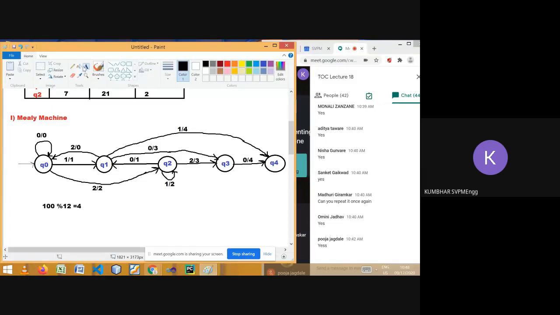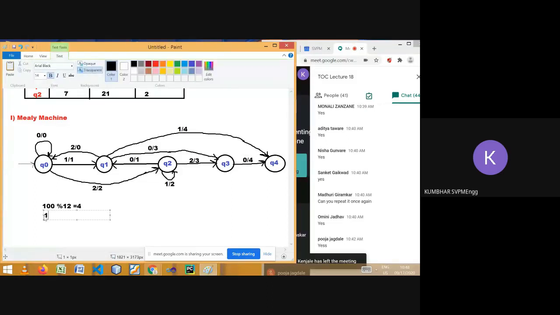Let's go for the next. Now Q3 again means 1 0 already there. If we read 1, 1 0 1 means 10. 10 mod 5 is 0. So where should it go from Q3? Q0.